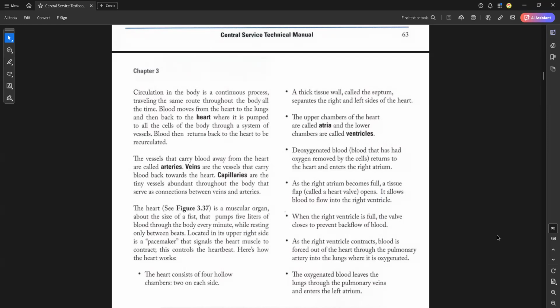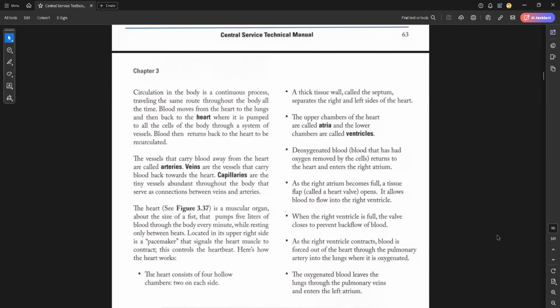So when we breathe in oxygen, it mixes with our blood, and then it is carried to the heart. The heart will pump it to all the cells. Cells have oxygen for you. When the cells take the oxygen, then the blood becomes deoxygenated, meaning no oxygen.